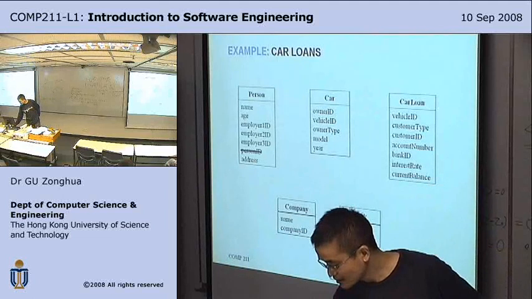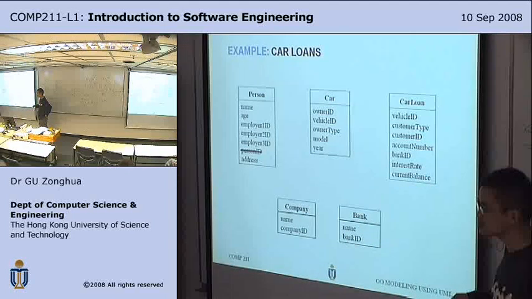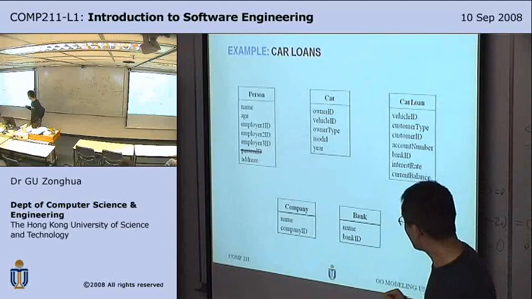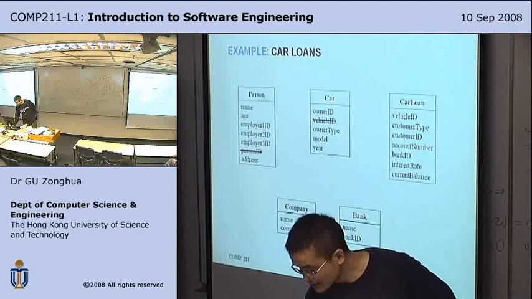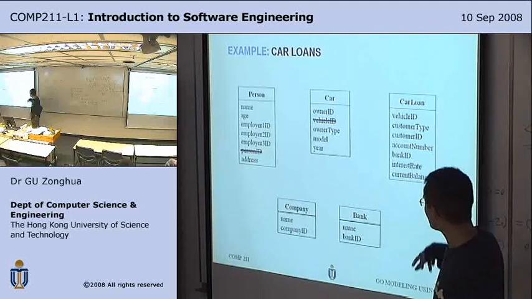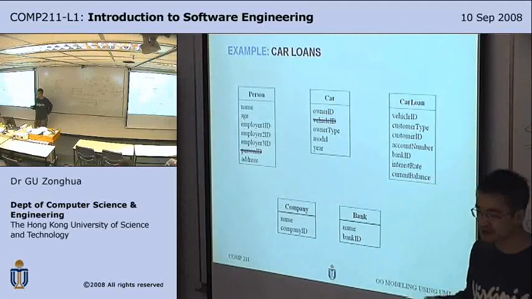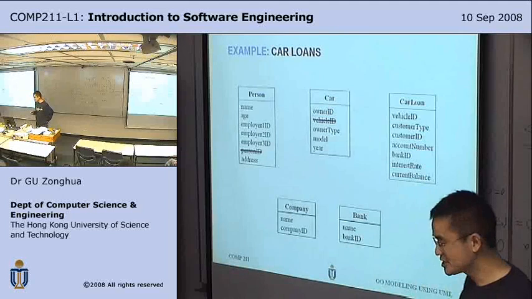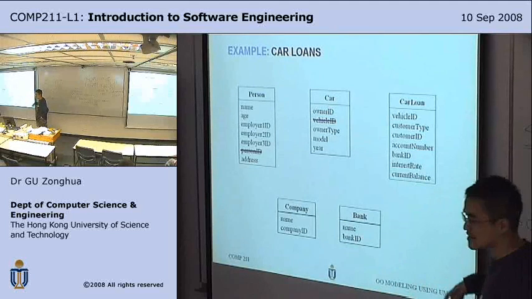So we delete. First of all, the person ID is useless because it does not appear in any of the other classes. It is not used for establishing associations. So it's just an internal identifier.